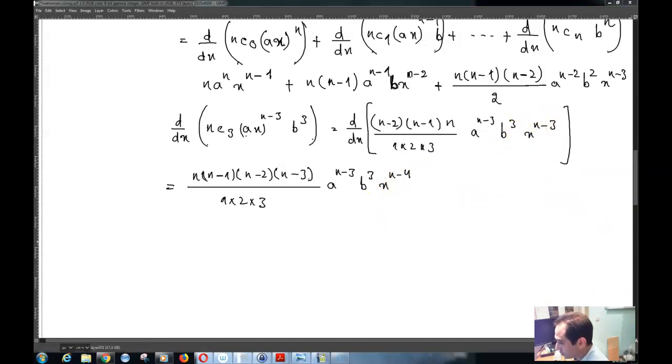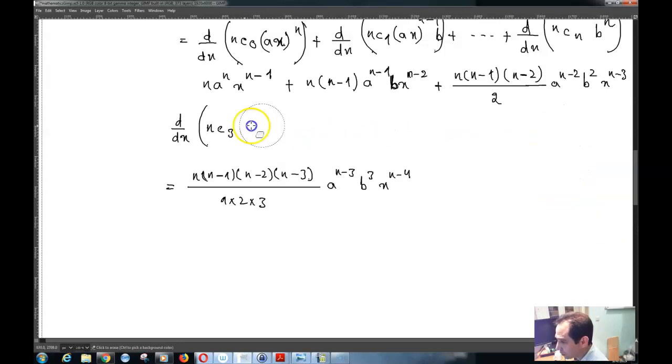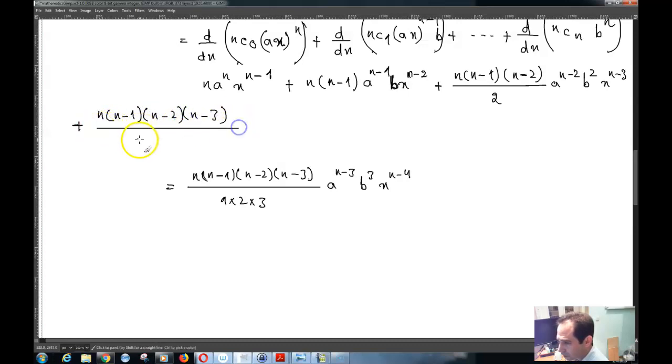So then I can write the derivative of the fourth term as n times n minus 1 times n minus 2 times n minus 3 over 1 times 2 times 3, a raised to the power n minus 3, b raised to the power 3, x raised to the power n minus 4.